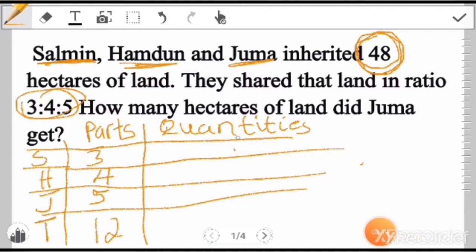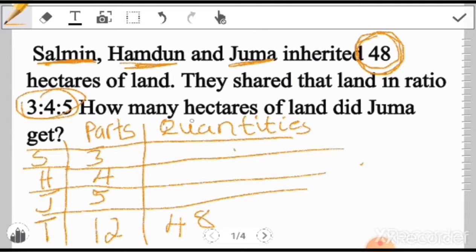On the quantity side, we have not been given the amount of land that was given to anyone, but what we have is the total land. So 48 goes with 12 parts because the total land goes with the total parts. After that, we go back to our question.